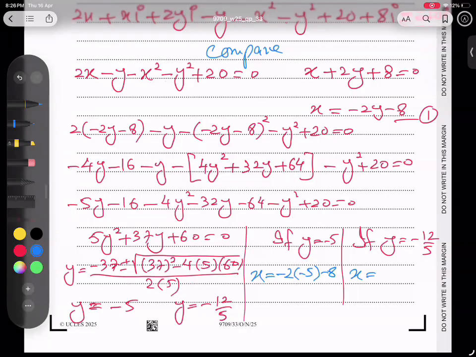Same here, negative 2 times negative 12 over 5 and negative 8. When you check it in the calculator, 2 times 5 is 10, which is easy. So 10 and 10 minus 8 gives us 2.